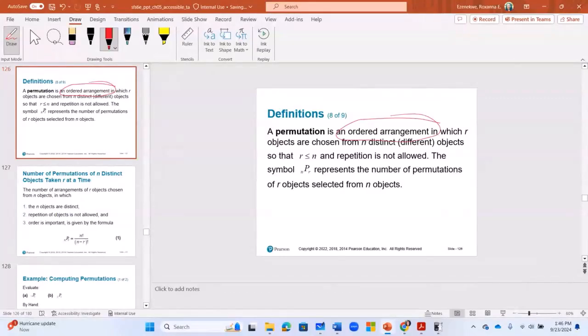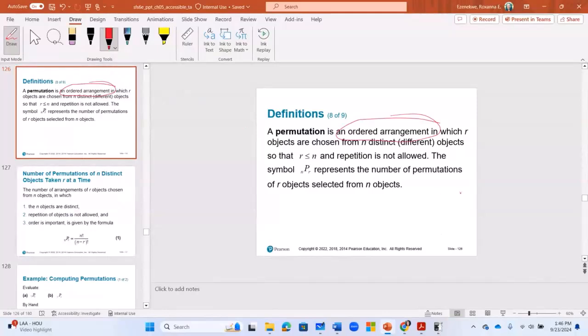This is the most important thing to stress in permutation, because in combination, order was not important. But in permutation, the definition says it is an ordered arrangement. Therefore, there must be order. Is that clear?